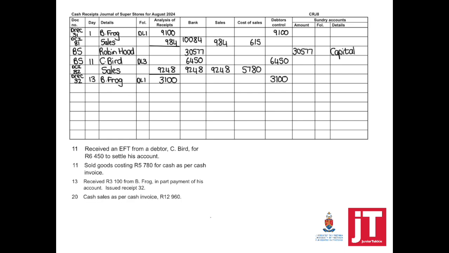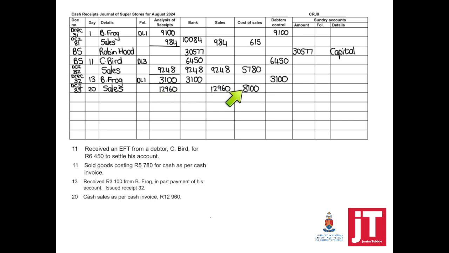On day 20, cash sales as per cash invoice, 12,960. So source document, duplicate cash invoice, day 20, details sales, analysis of receipts, 12,960. For what reason?